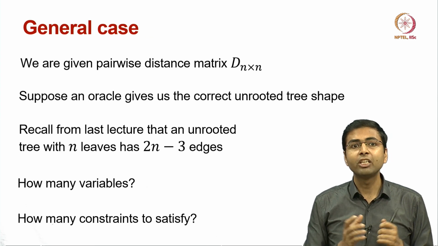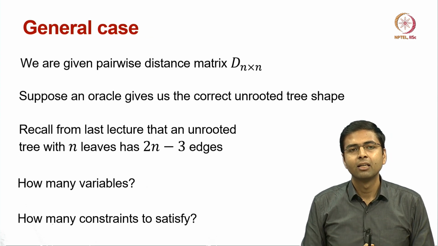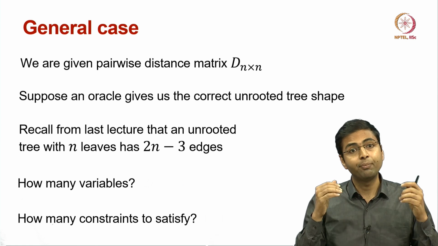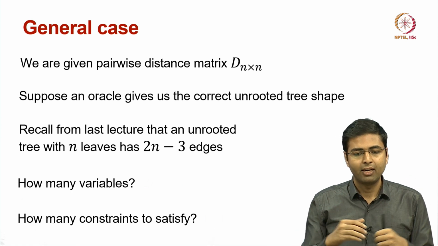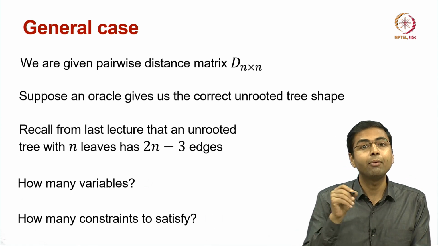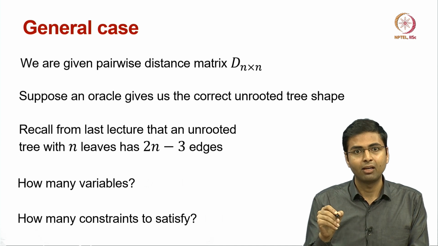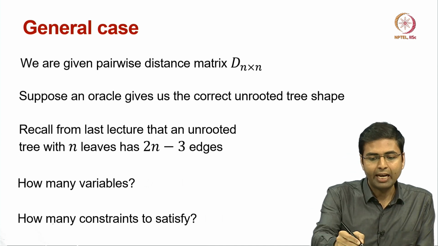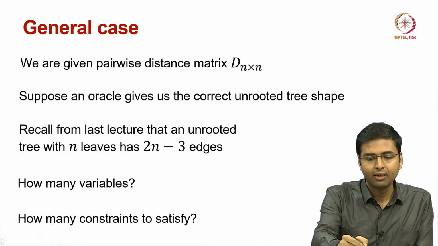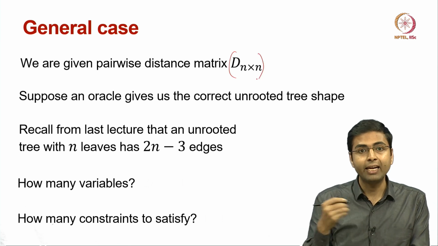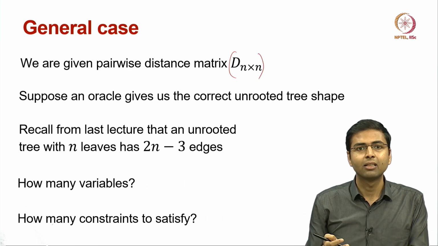Moving ahead, what about the general case? Again we are given a pairwise distance matrix, and this time we have an n cross n matrix, right. So assuming you have n objects, you are given an n cross n matrix.